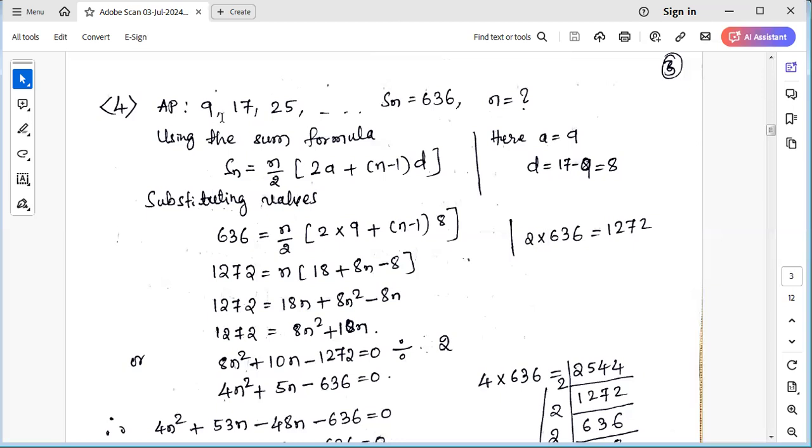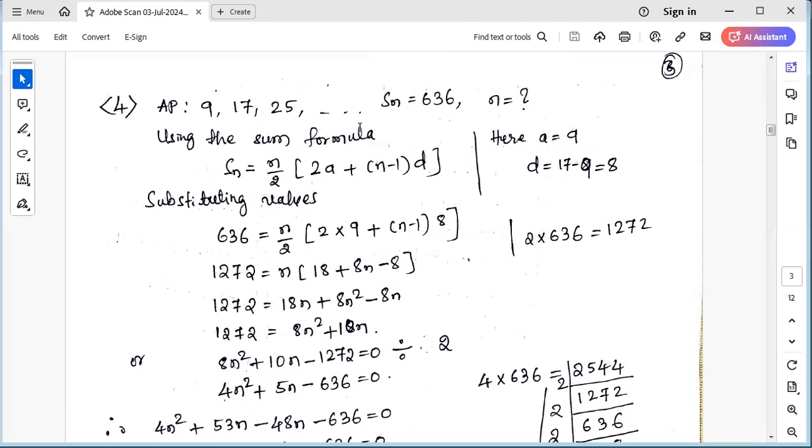So the given arithmetic progression is like this. These are the terms 9, 17, 25, and so on. He has given that the total sum is 636, and we have to calculate how many terms are there in the arithmetic progression. And here the first term is a equal to 9.